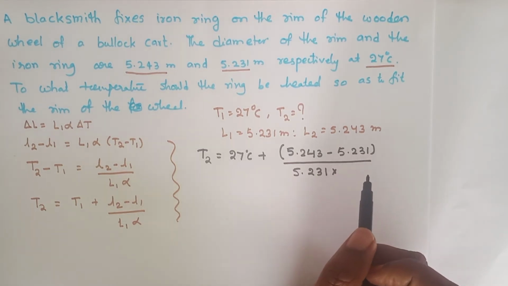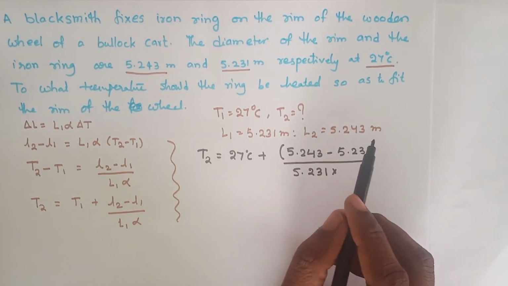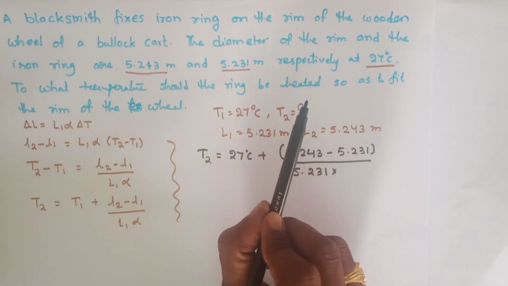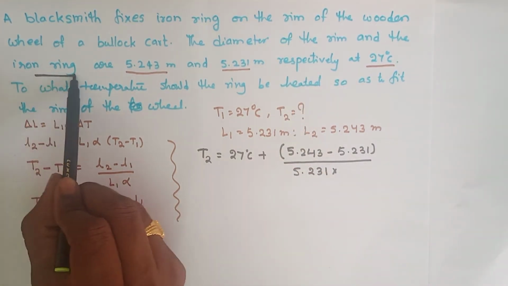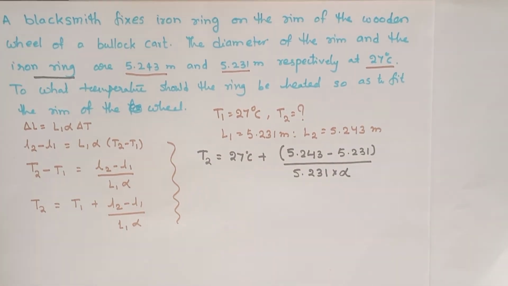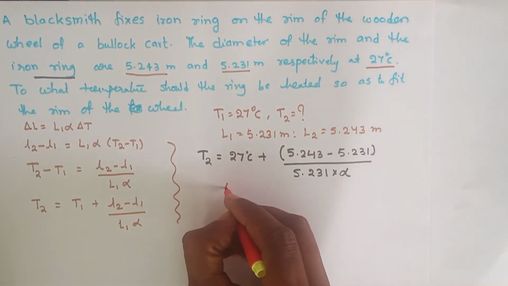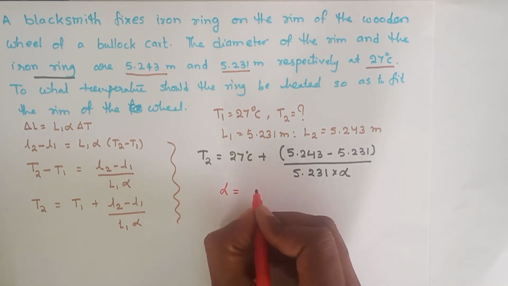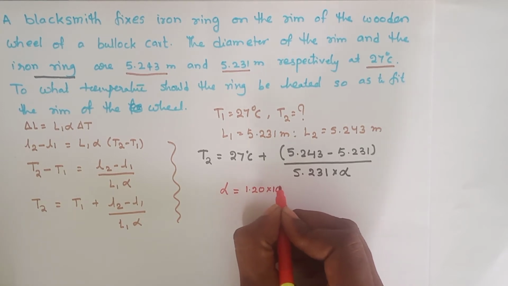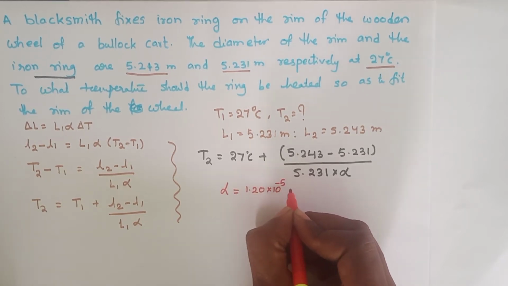Alpha is not given. What is that? Iron. Iron rim is that, right? So we have to write alpha for that value. So alpha for the iron is equal to 1.20 into 10 power minus 5 per degree centigrade or per Kelvin.